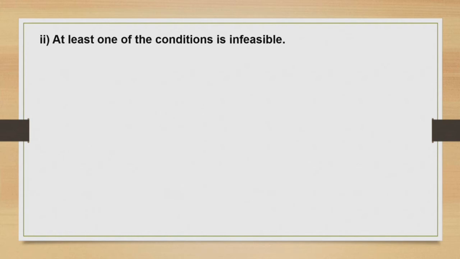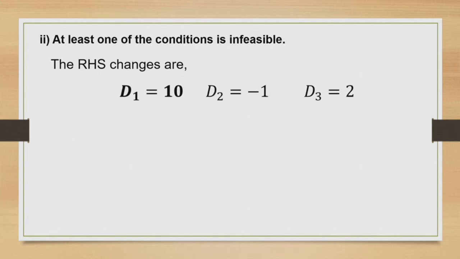In the second Roman, at least one of the conditions is infeasible. As provided below, the RHS changes are D1 equal to 10, D2 equal to -1, and D3 equal to 2.